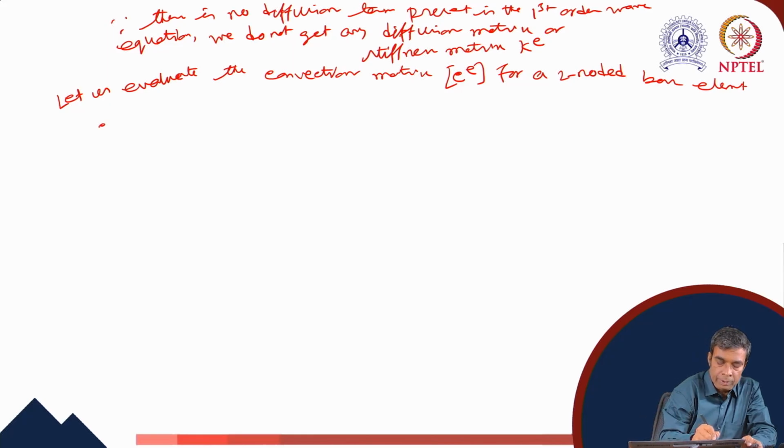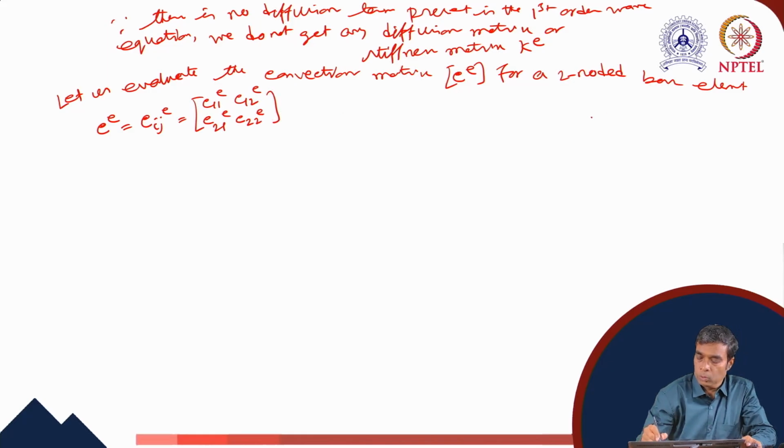We have CE equals Cij, which is C11e, C12e, C21e, C22e for a two-noded bar element. The local nodes are 1 and 2. The mesh size is delta x.